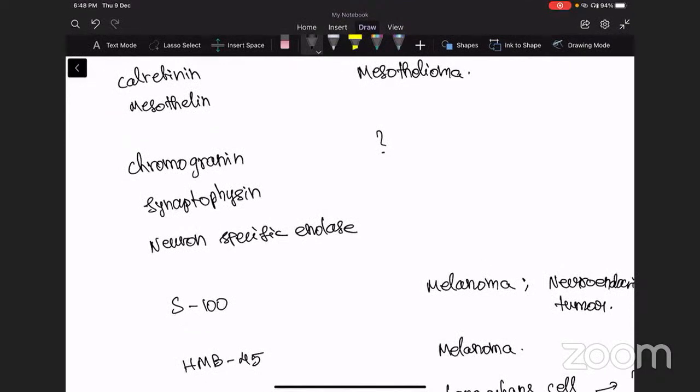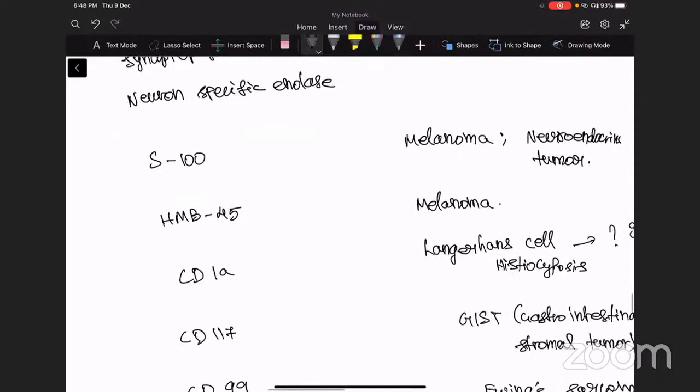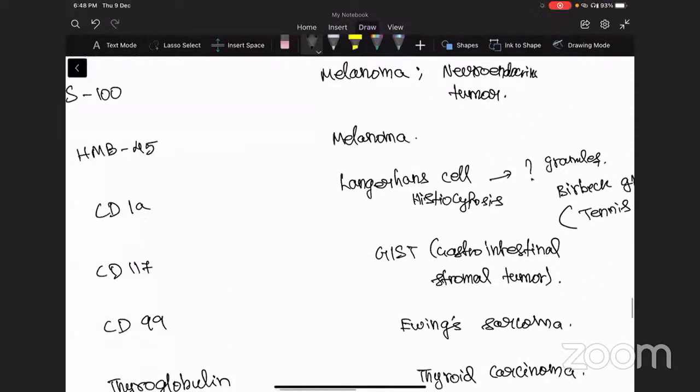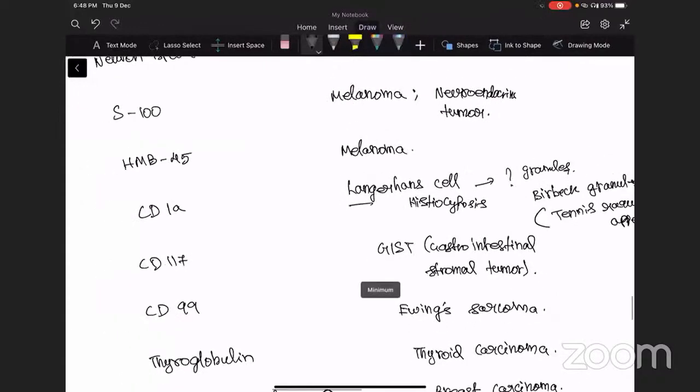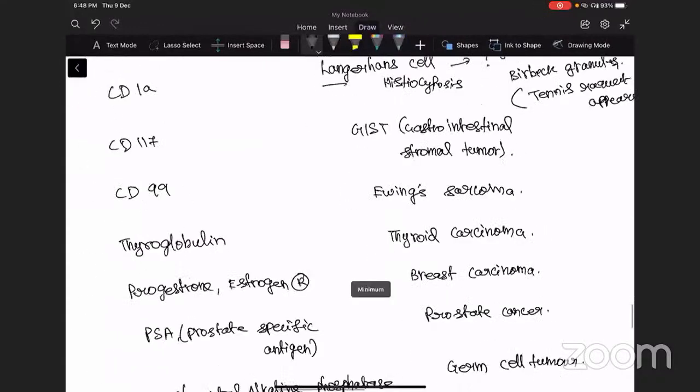So chromogranin, synaptophysin is a marker for neuroendocrine tumors. Langerhans cell histiocytosis is important, has been asked in the exam.